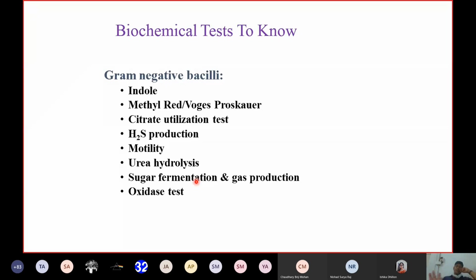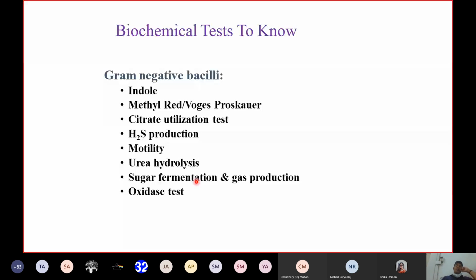So you should be able to recognize the test, recognize positive or negative, define the principle of the test, and interpret. If this is the color, the possible organisms are this and that, a list. If this is the color, it is negative or positive, and the possible organisms are this and that. That you should be able to define, and we'll be talking in detail about these tests in coming classes.